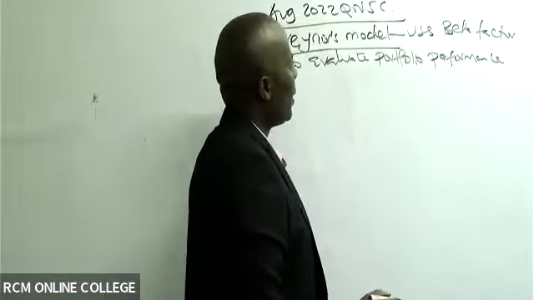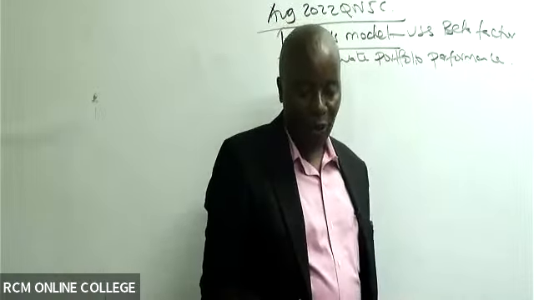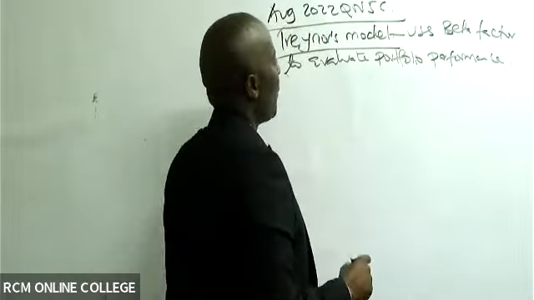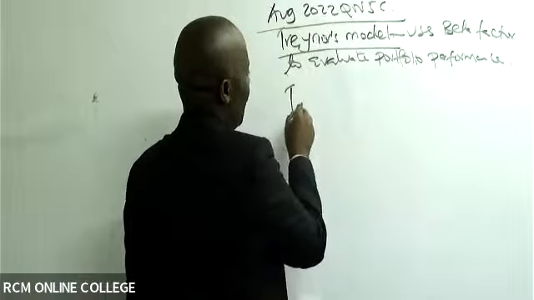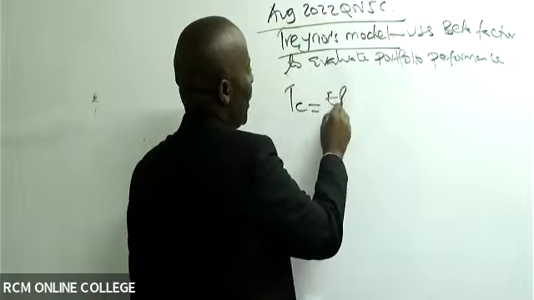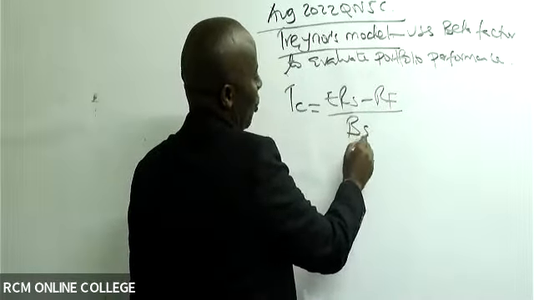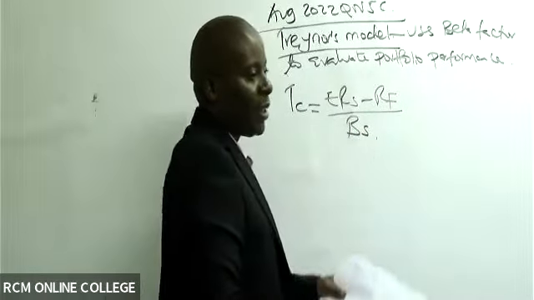How do we get this Trainers coefficient? It's very easy, just the same: expected return of the security minus risk-free, over the beta of the security.